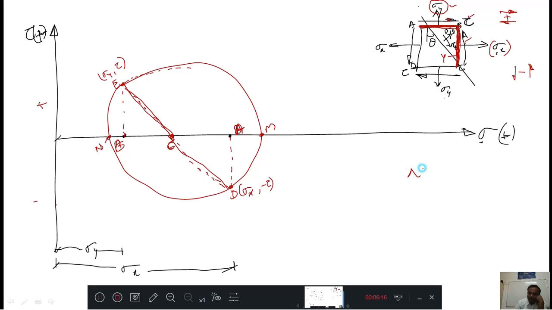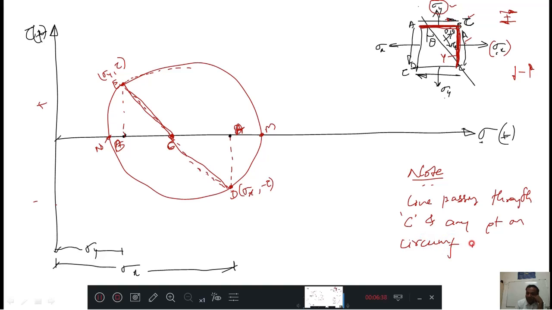Always remember one note: the line passing through the center C and any point on the circumference is called a plane. Now see, this is the center point and this is one point on the circumference, therefore this line is also called a plane.